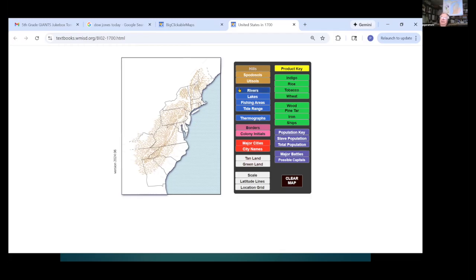You can put the rivers on to find out where those valleys are. For somebody in Michigan, it probably helps to put the Great Lakes on and see what they're connected to. But you have to remember that the colonists didn't know anything about those lakes. They knew there were lakes out there. They just didn't know how far away they were or where exactly.